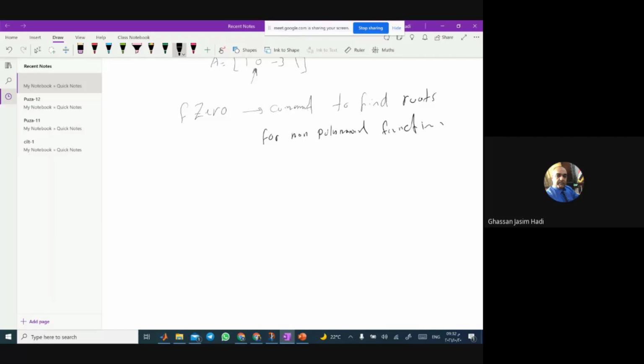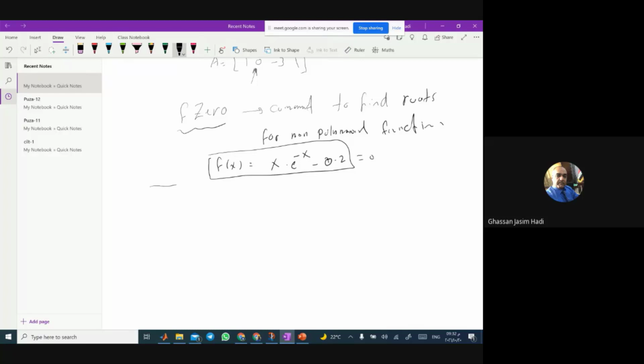How to use this fzero? The first way: for example, let's take this function, f of x equals x e to the minus x minus 0.2. To find roots, you have to make it equal 0, absolutely.